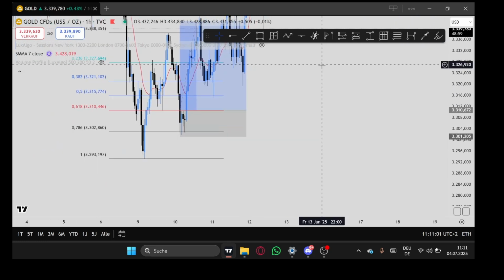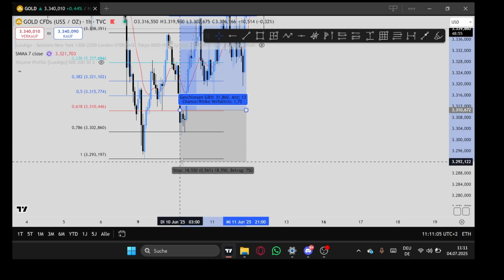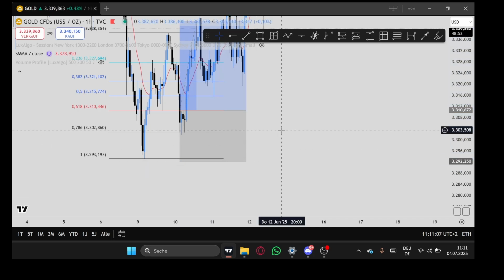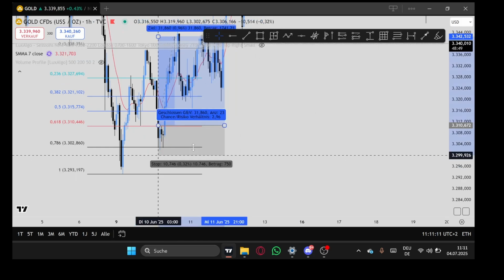Depends on what you target. So playing safe, you could just go below the low. I don't do that, to be honest. I just go for below the 786 level.